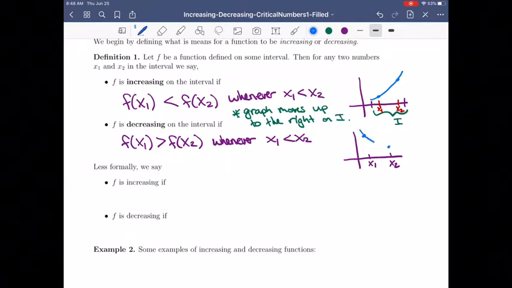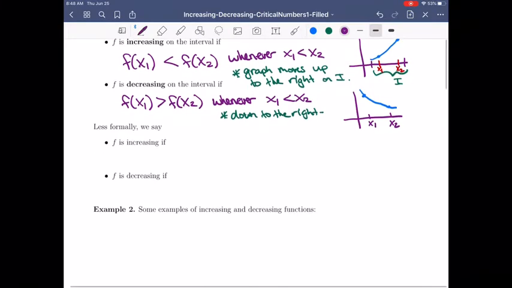You might get some shape like that on the interval. So here you're going down to the right. We usually move from the left to the right when we talk about slopes or increasing, decreasing.